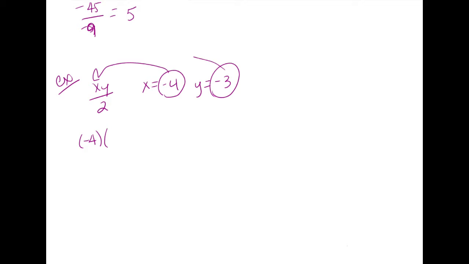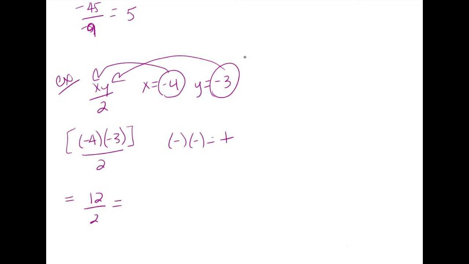And wherever I see a y, I'm going to put a -3, also in parentheses. And then I'm going to evaluate this top part where there are multiple terms before I do my final division. And remember, when I have a negative times a negative, I get a positive. So the top simply becomes 12 divided by 2, which is 6.